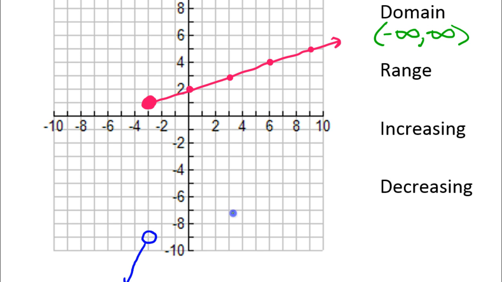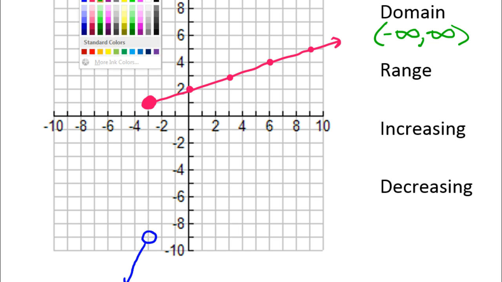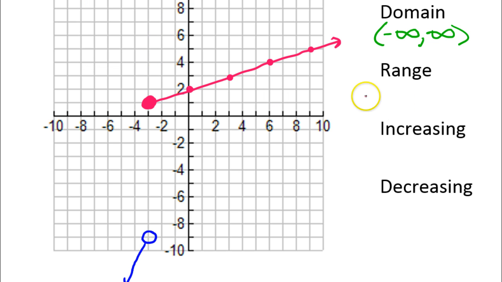Now the range, for the range, we're going bottom to top. But for the range, there's a giant gap right here. So looking at the blue part, for the range, it's going to go from -infinity to -9. Okay, so I'll have -infinity to -9.